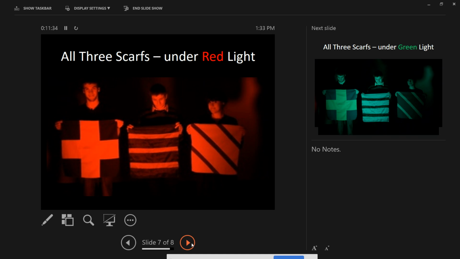Yellow. It's yellow. But yellow will reflect both green and red, won't it? Is there any green light to be reflected? No green light to be reflected. That means no green light available, so it's just going to look red.